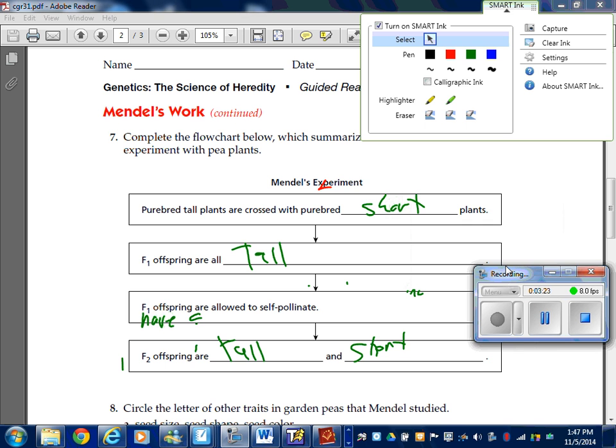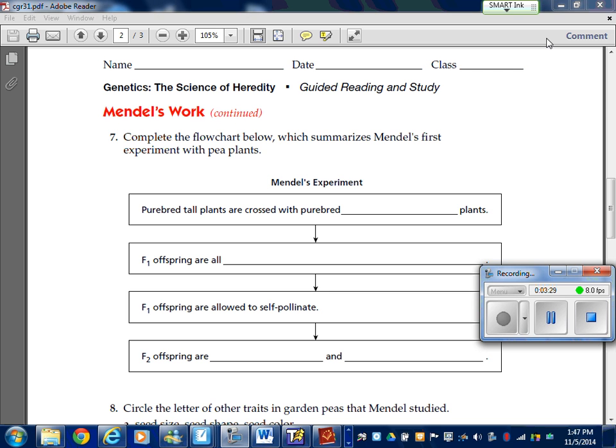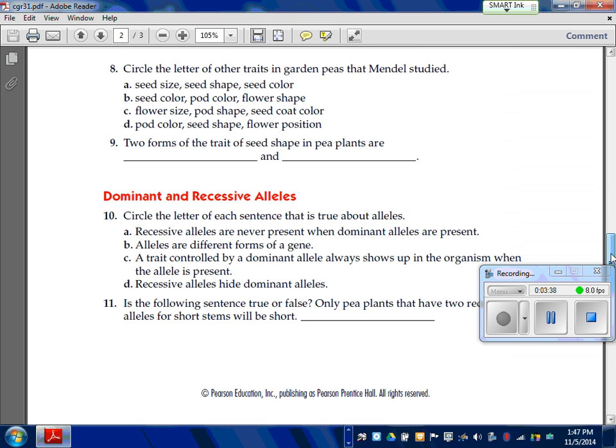Well, for the quiz, I mean, I'm not going to ask you specifically what Mendel studied, but you do need to understand what he did in his experiments. More importantly, you need to know, how does a Punnett square work, right? So here's another one, and this one is going into a tremendous amount of detail about his pea plants. You know what? I'm not going to ask you about all these different crazy traits, right?